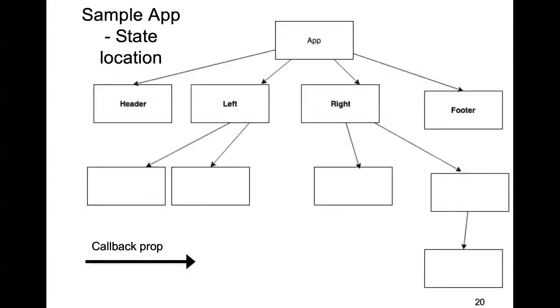To relate it to this hierarchy, we just take 2 of the state variables, the filtering and the movie selection. This is the component that will handle the user entering filtering input.